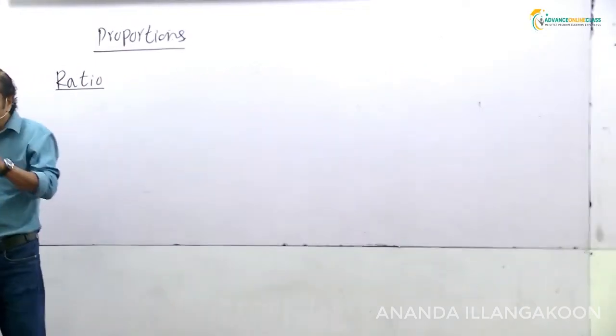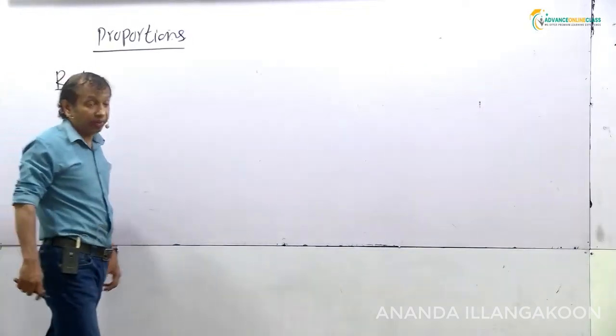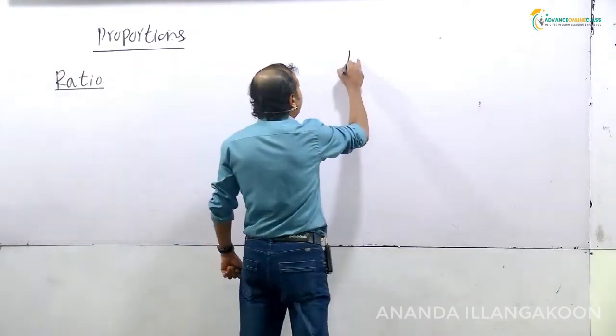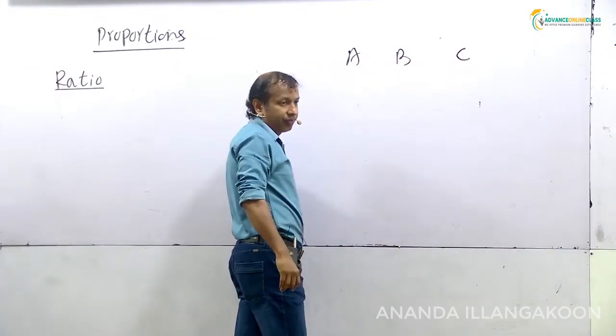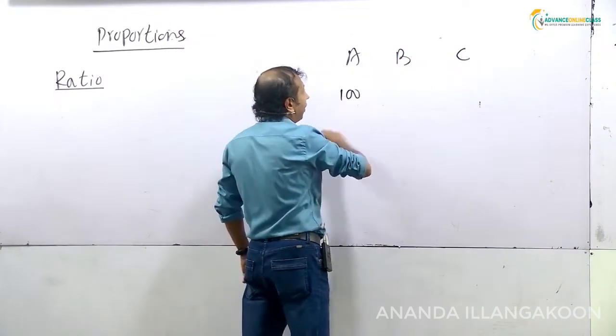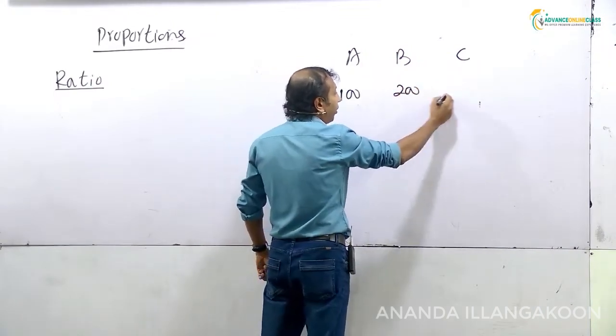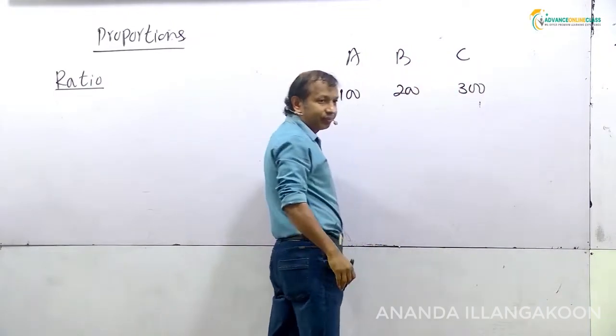Right. So, sometimes you might think this way. There are A, B, C, 3 children. A has 100, B 200, C 300.